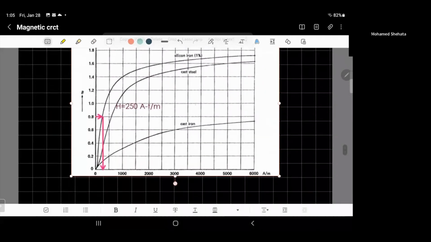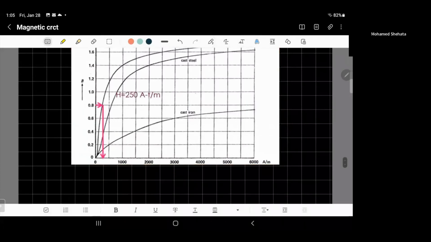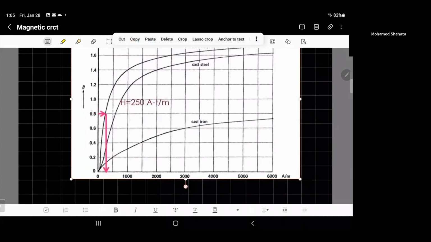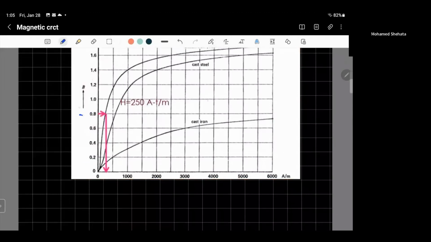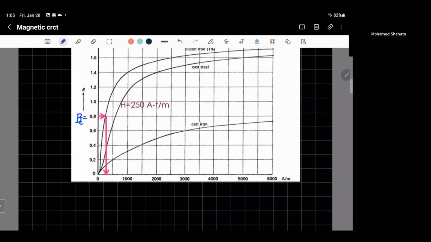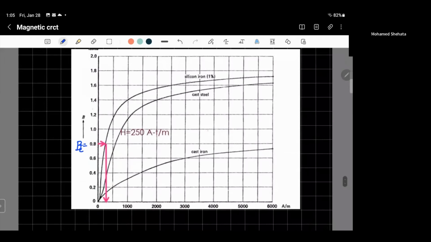Find H. And I already did that by looking at 0.8 Tesla. That's the B in the core. And then why I'm using this curve, because this is the material that was mentioned.